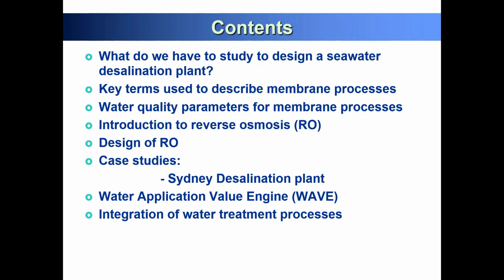Otherwise, we keep accumulating harmful compounds, and that's a problem, right? So our body keeps discharging what is not necessary for us. That's exactly why the kidney is always trying to discharge nutrients and harmful compounds. So this membrane works continuously.